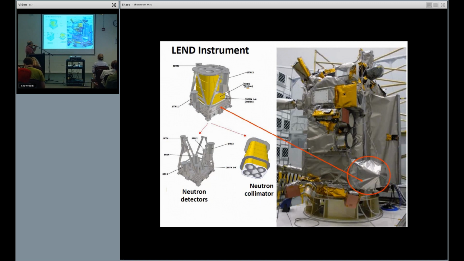We have a number of sensors at LAND, and they measure not only neutrons but charged particles as well. As to neutrons, they can measure neutrons in different energy ranges, from thermal to epithermal and to very fast.